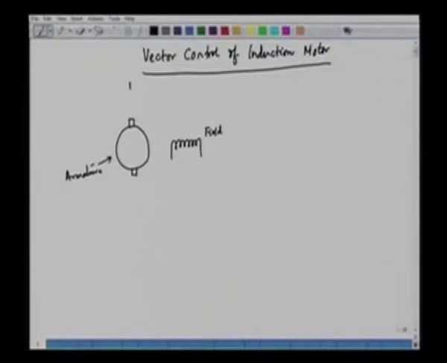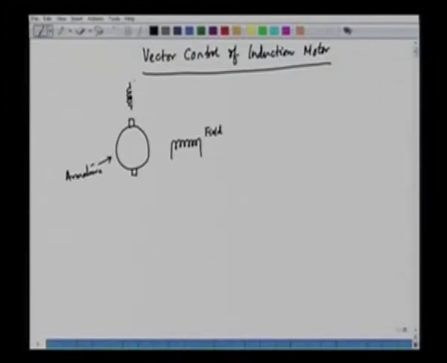The purpose of the compensating winding is to neutralize the effect of armature reaction. The compensating winding is connected in series with the armature, and its MMF is in opposition to the armature MMF, so that there is a cancellation of the armature MMF and the effect on the field is reduced.